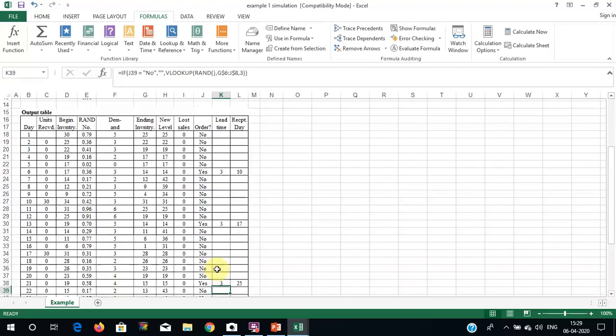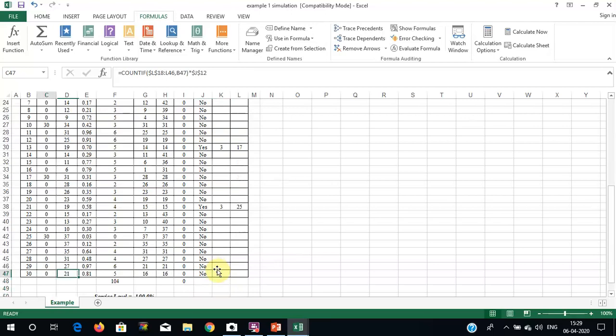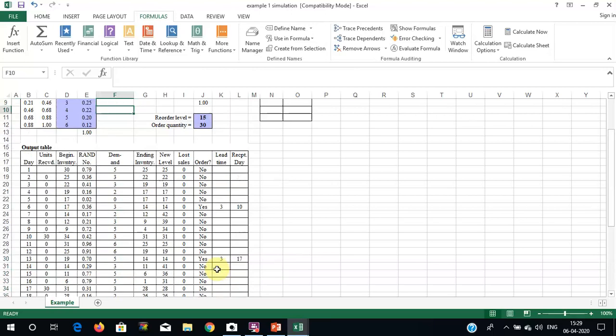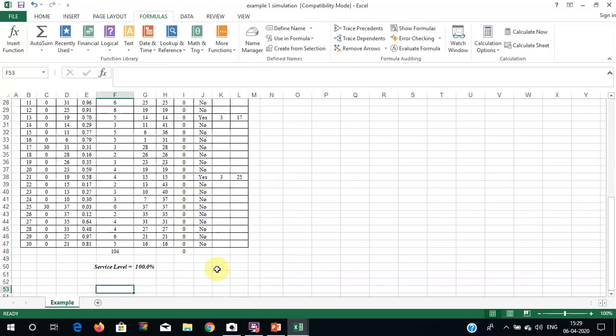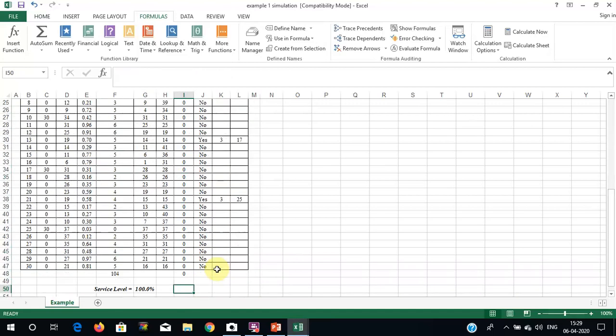We run this simulation scenario, and we continue to generate this table for 30 days, and we calculate after the end of 30 days what the demand was during those 30 days, and did we lose any sales, how much sales was lost, which is 0.